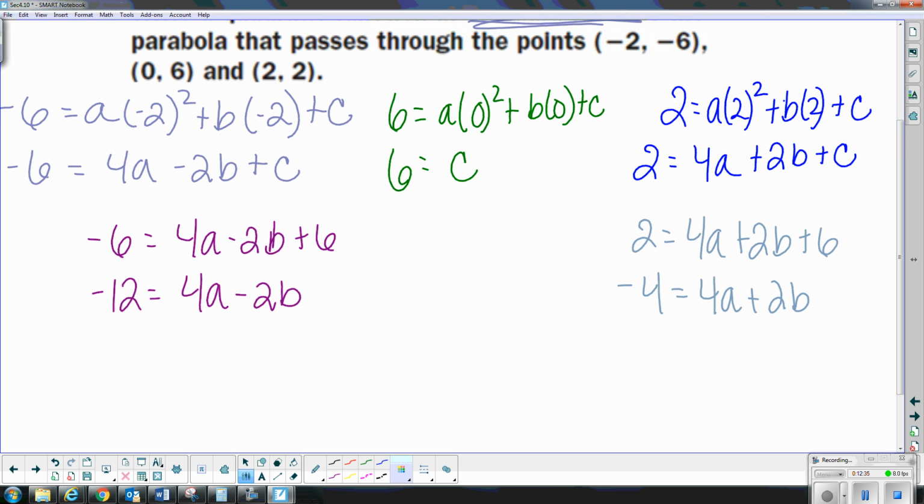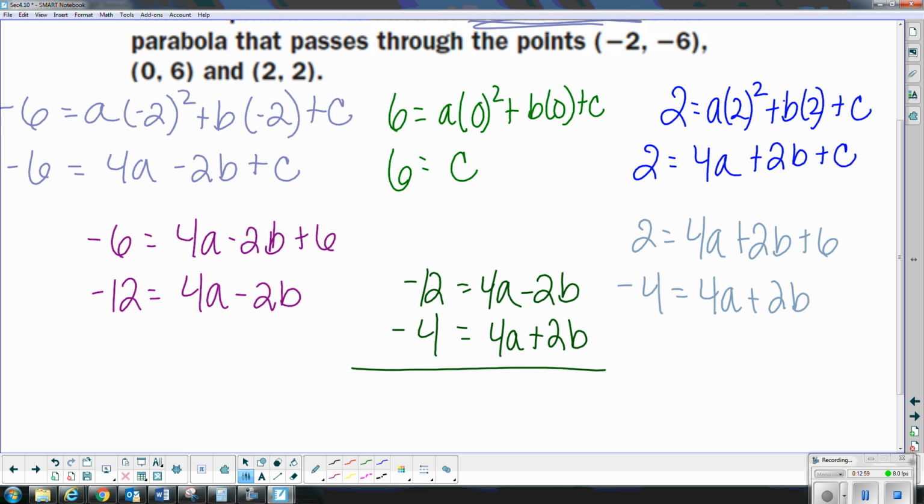And then with these 2 equations that I have, I'm going to write them side by side just because I think it's a little bit easier to solve. So negative 12 equals 4a minus 2b, and negative 4 equals 4a plus 2b. So I'm going to use elimination here since I have a negative 2b and a positive 2b.